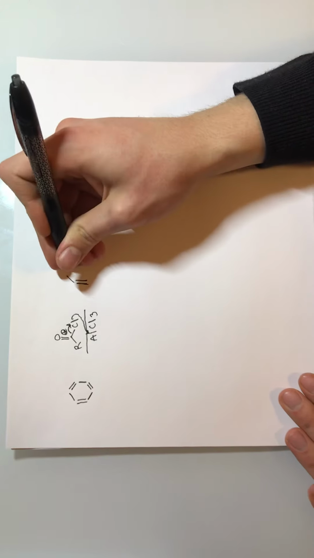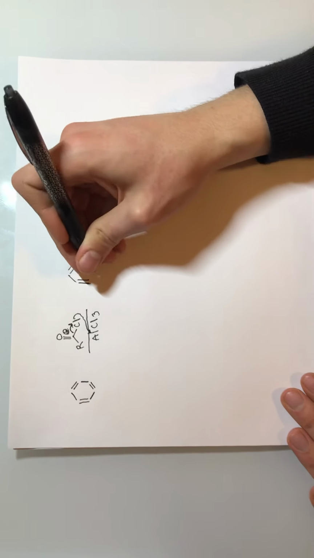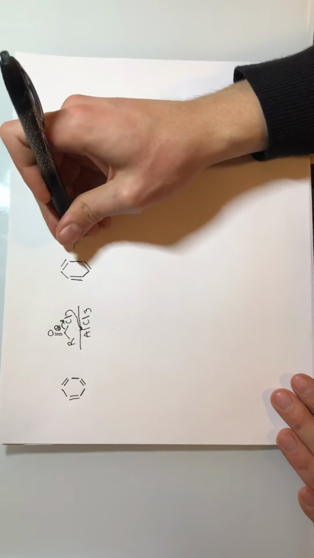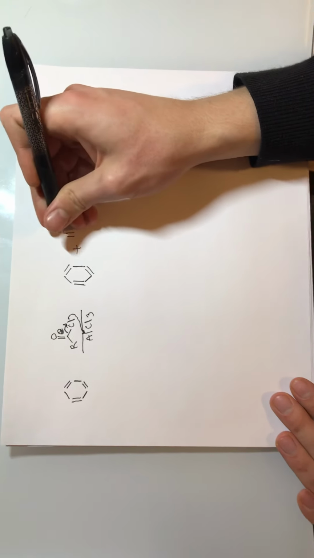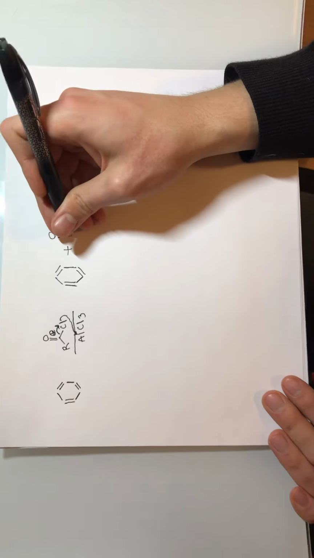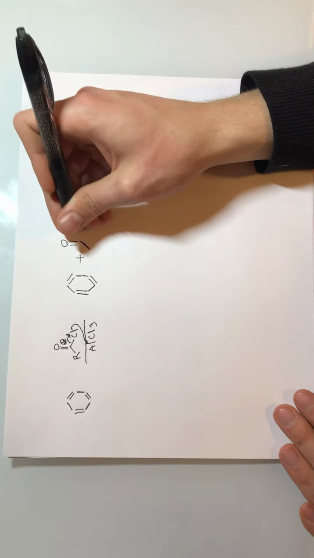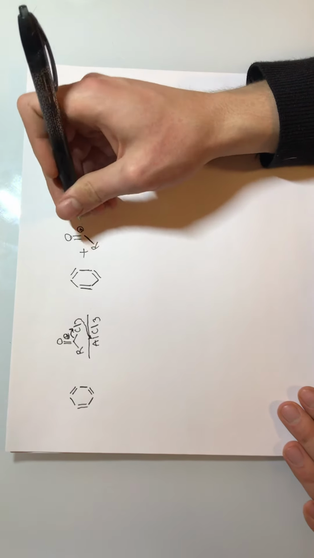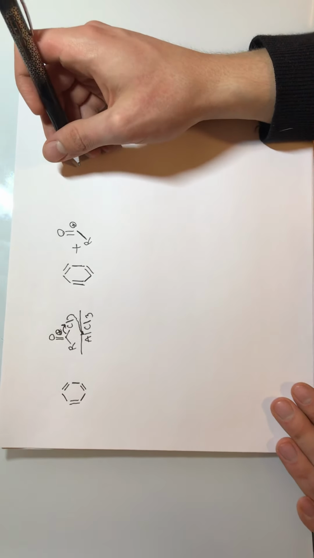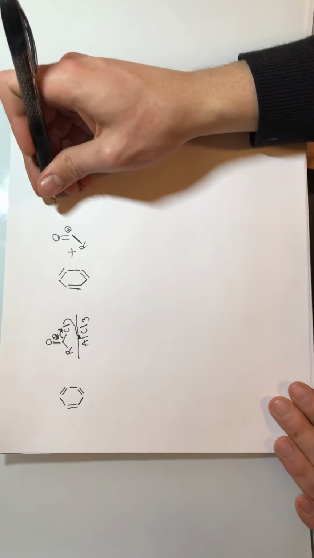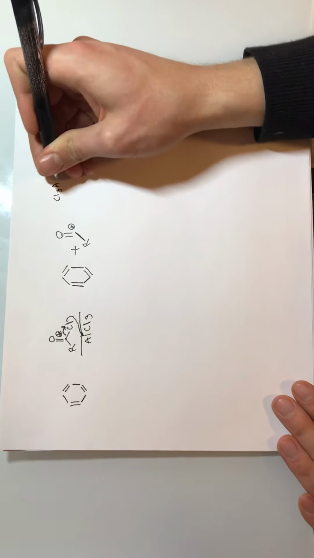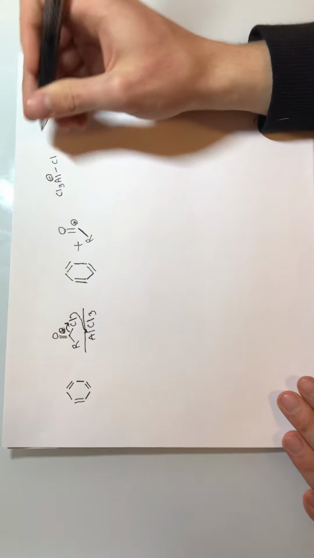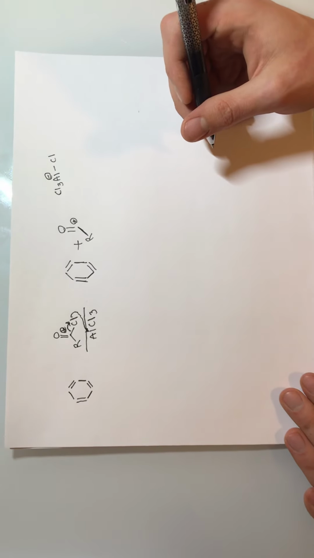So let's go ahead and show that. So we still have the benzene. And then now we have a carbocation. And then we have, of course, the Cl3Al bonded to the Cl. And that Al now has a negative charge. Okay, awesome.